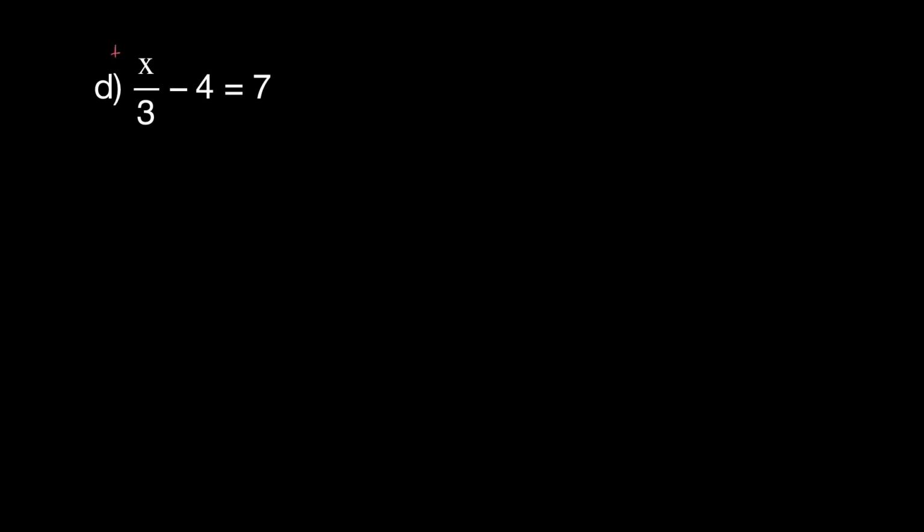I'm going to plus 4 to both sides. That will give me x over 3 is equal to 11. Now x divided by 3, so the opposite is multiplying both sides by 3. Therefore, x is going to equal 33.